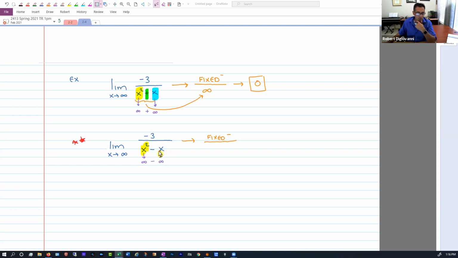But which one of these do you think gets bigger, x squared or x? The x squared. Do y'all agree that x squared is kind of dominating the x? If you take a really big number and square it, it's going to be bigger than just the number without squaring it. So it seems like this left side infinity should be bigger than the right side infinity. Seems that way, right? Okay.